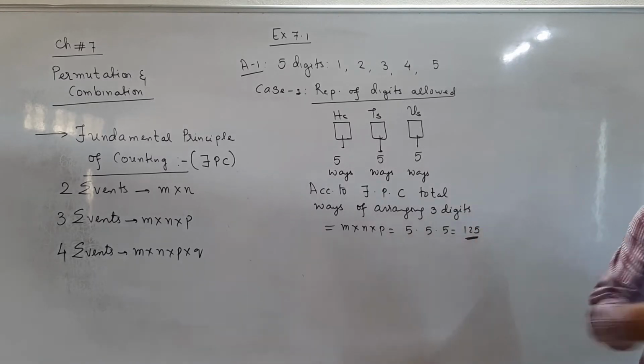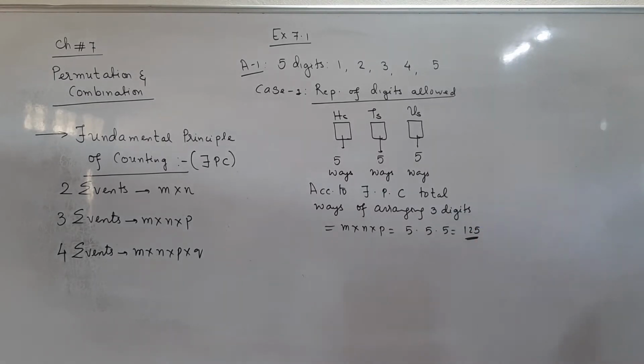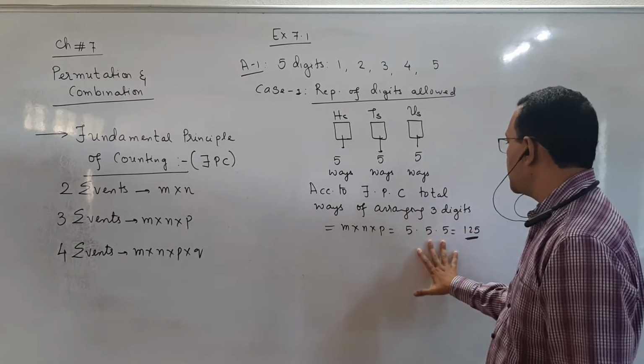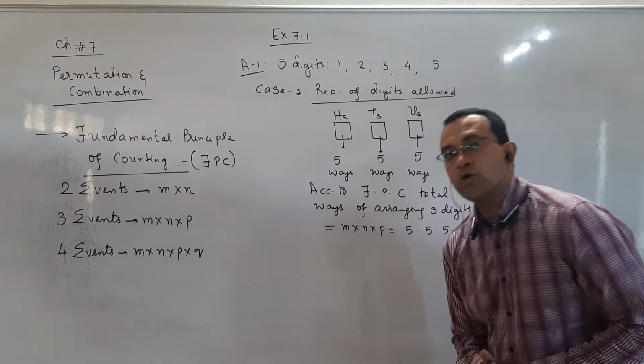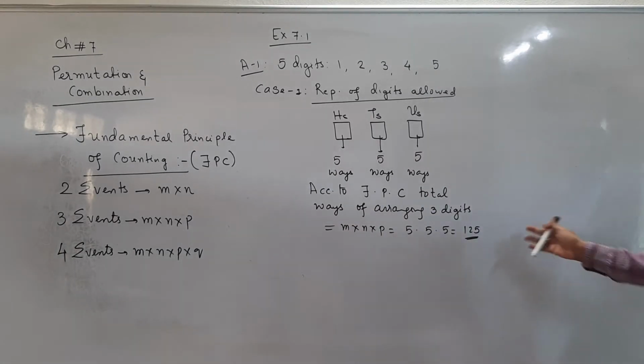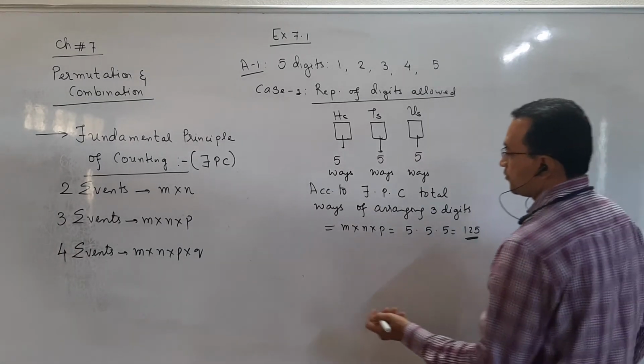So indirectly, 125 numbers of 3 digits can be formed using, students, the given digits 1, 2, 3, 4 and 5. According to the fundamental principle of counting, total 3-digit numbers formed are 125.